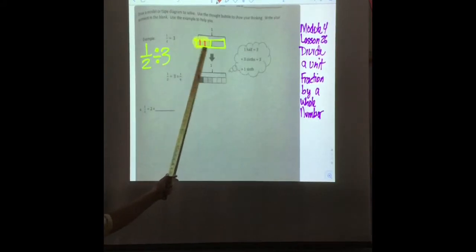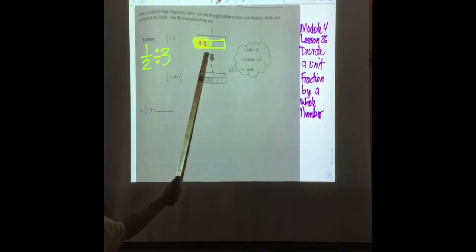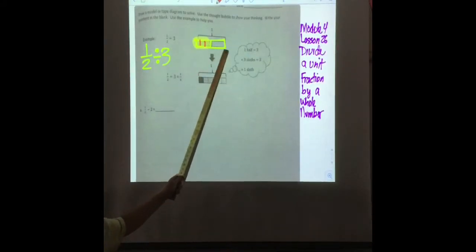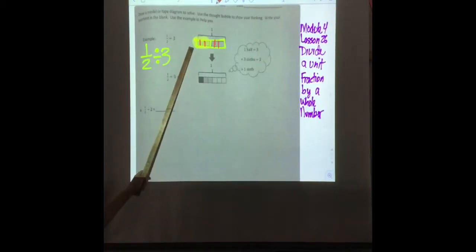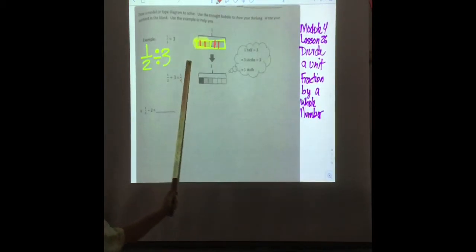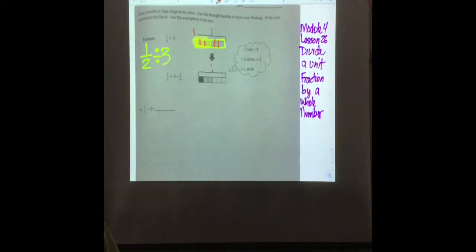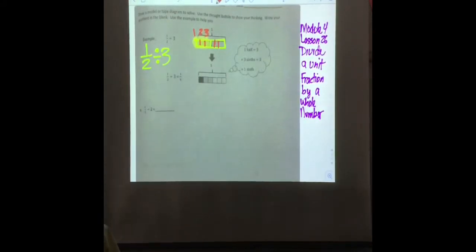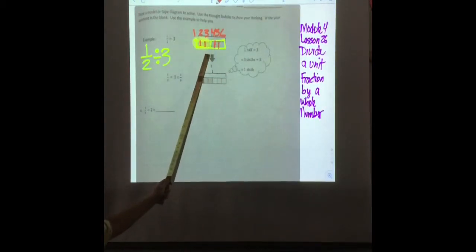Now, what do we have to do to figure out what the actual fraction is? Well, we're going to have to cut this half up into the other 3 pieces as well. So now how many pieces do we have? Well, we have 1, 2, 3, 4, 5, and 6. 6 pieces.